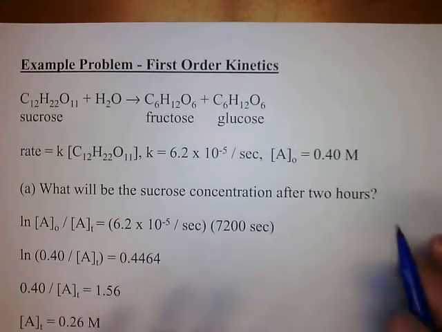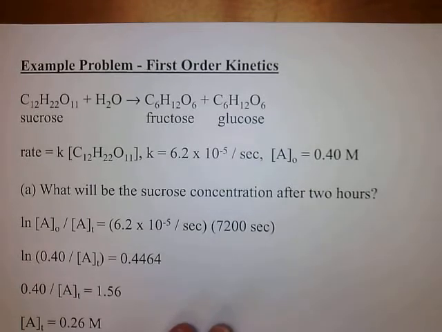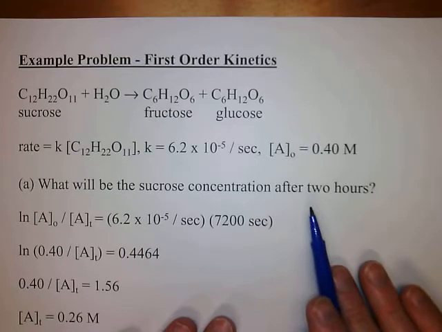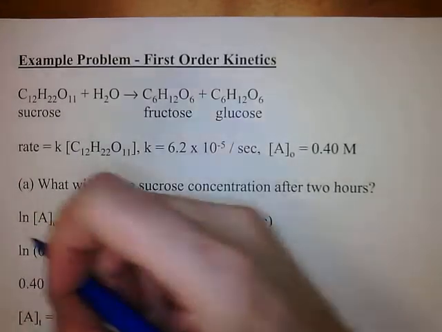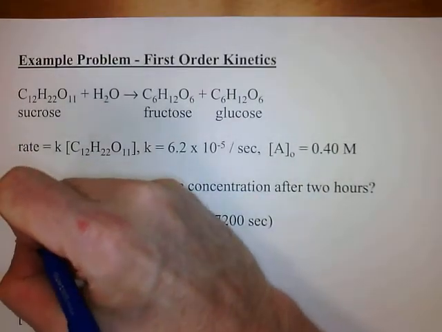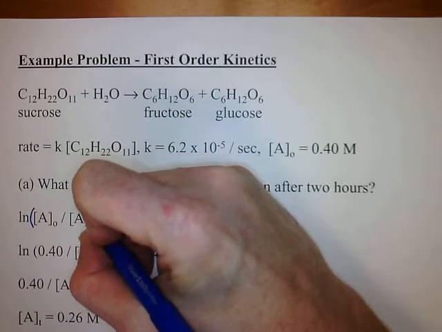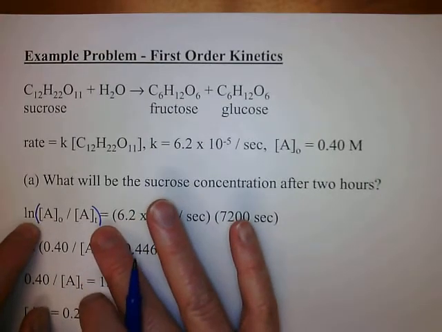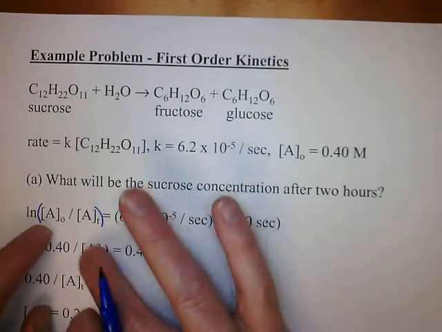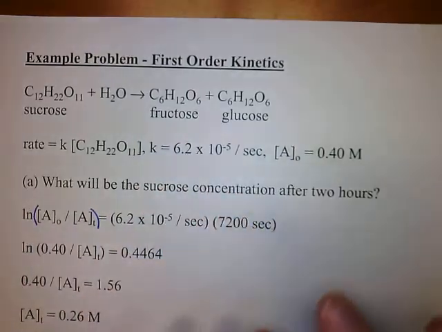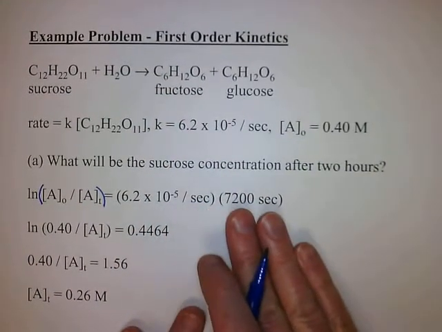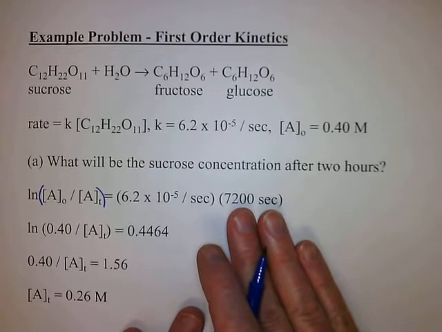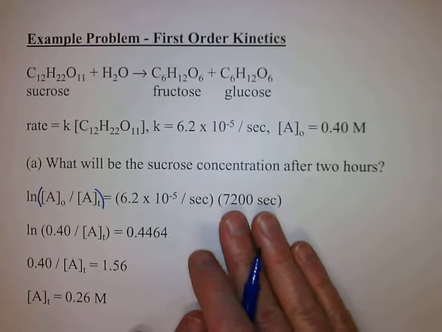Okay, so the first thing we want to know is this. What will be the sucrose concentration after 2 hours? Okay, so we know that the natural log of the ratio of our concentrations, we'll put brackets around that whole thing just so you'd be sure, is equal to kt. We've got to be consistent with units.